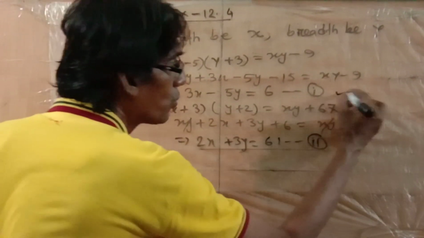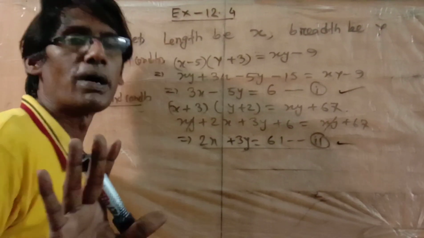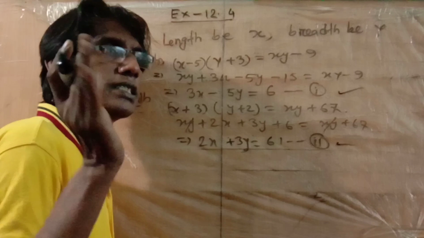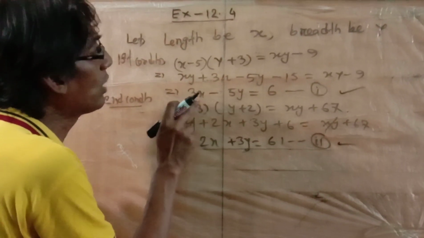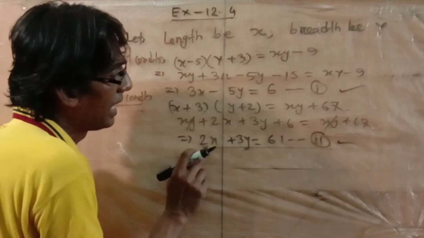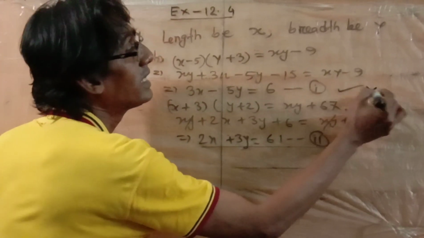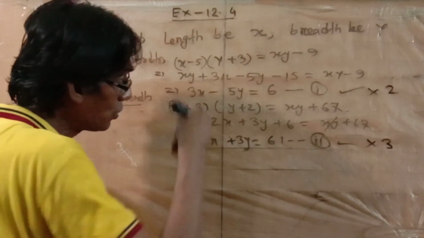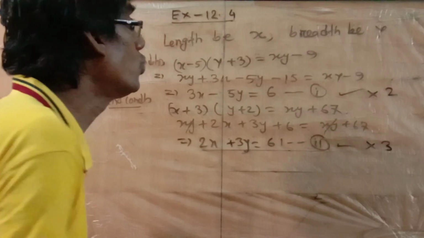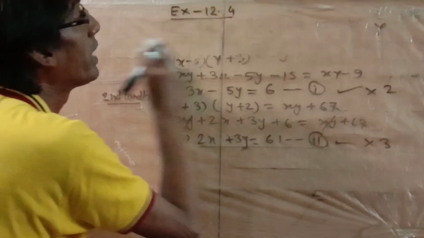Now we have equation 1 and 2. You can solve these by the elimination method, substitution method, or cross multiplication method. Look at here, the coefficient of x is 3 in one and 2 in the other. So if I multiply equation 1 by 2 and equation 2 by 3, then x will be equal. So multiply equation 1 and 2 by 2 and 3.